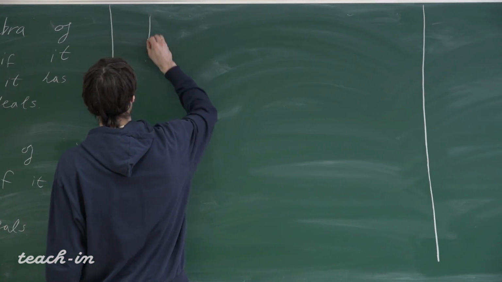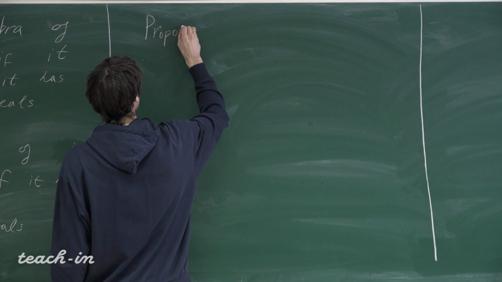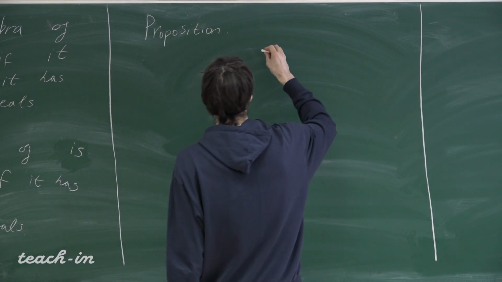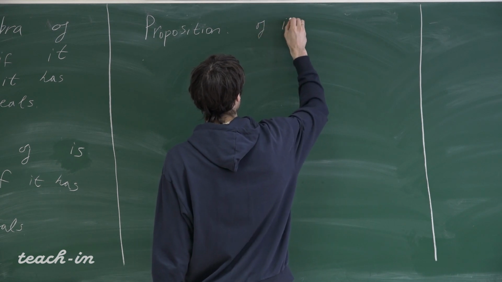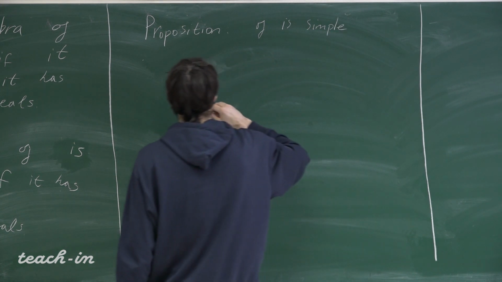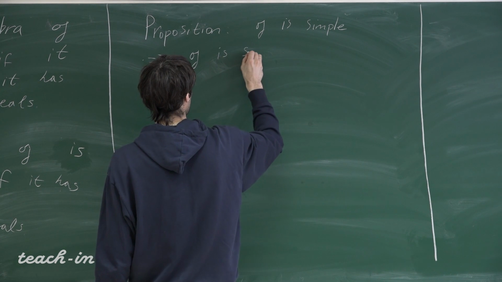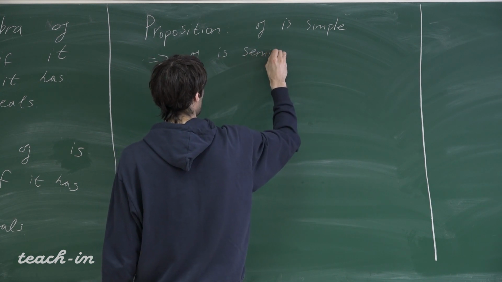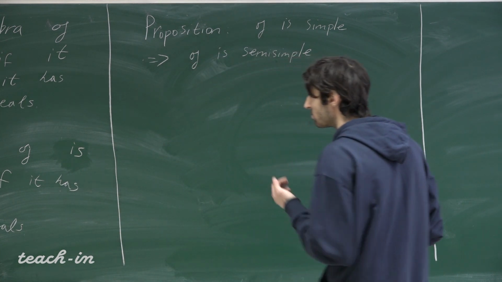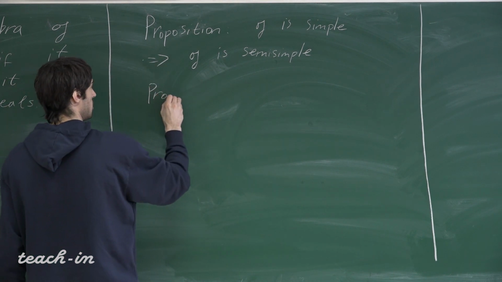So it's our first easy proposition: G is simple implies G is semi-simple.